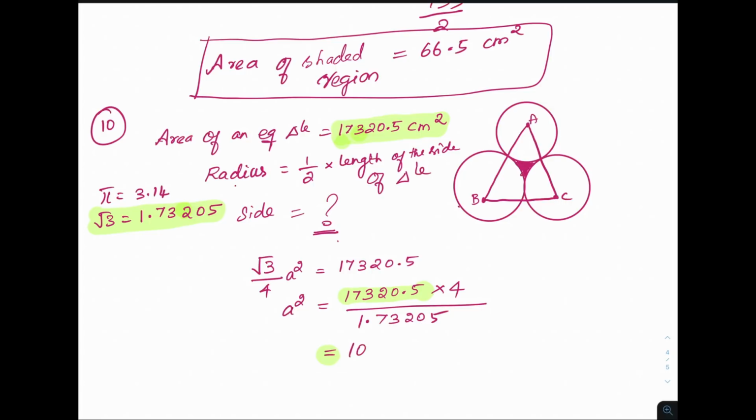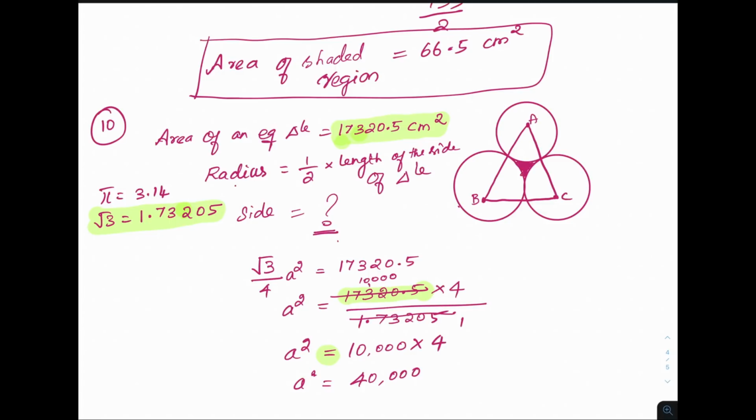Gives 10,000 into 4. So this is one time and this is 10,000 times, so that we can multiply. So a square is equal to 40,000.